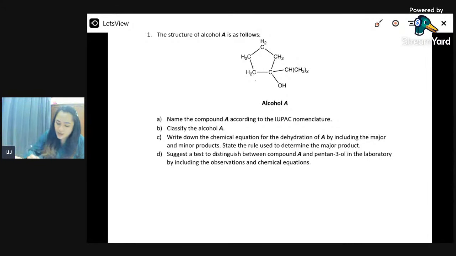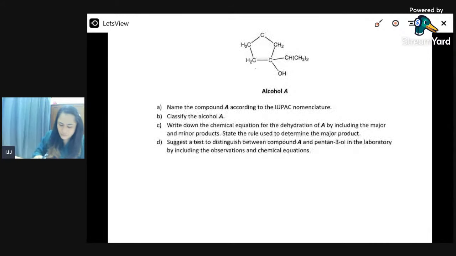in dehydration you eliminate 1 OH group and 1 hydrogen atom. The OH group, you can clearly see where it is, but which hydrogen are you going to eliminate? The hydrogen you eliminate must be from an adjacent carbon. What does adjacent carbon mean?